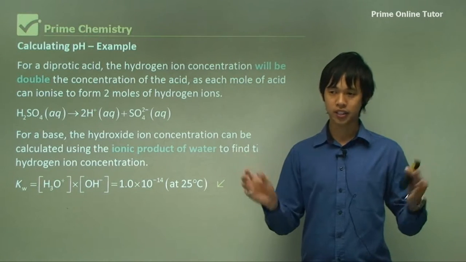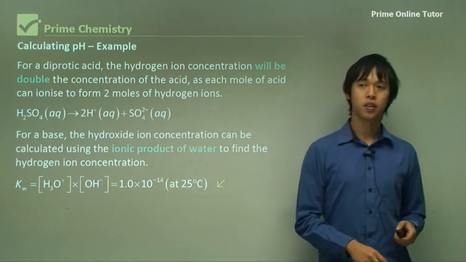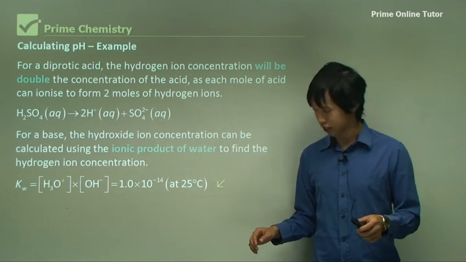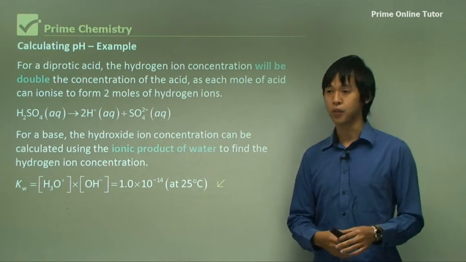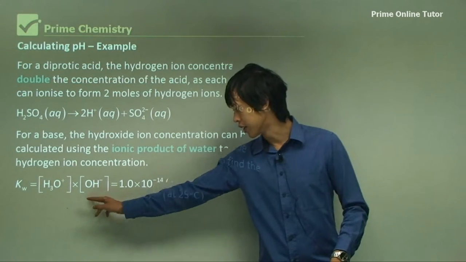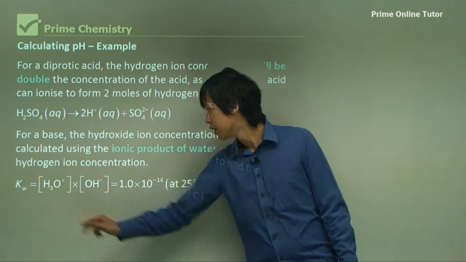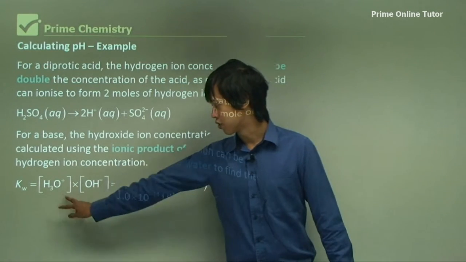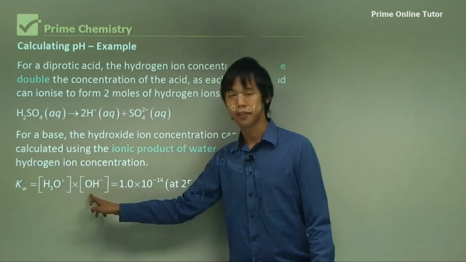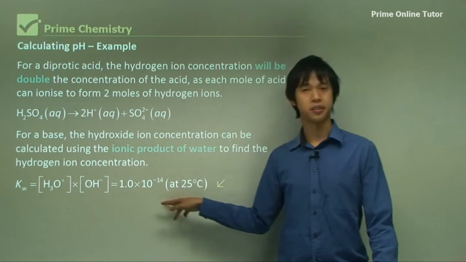So no matter what, it's always this number. So what you can do then is you can actually just kind of back calculate. If you have the concentration of this, you can always work out the concentration of this. Or if you have the concentration of this, you can always work out the concentration of this, okay? If you know this constant. Okay?